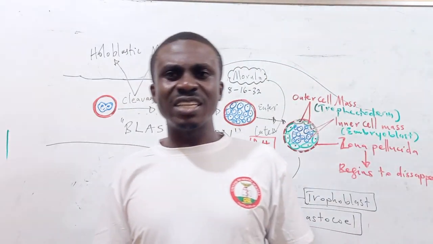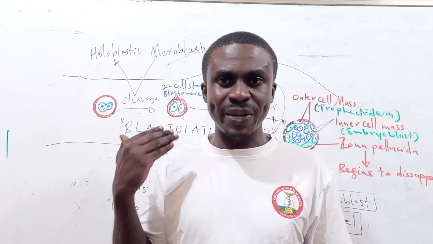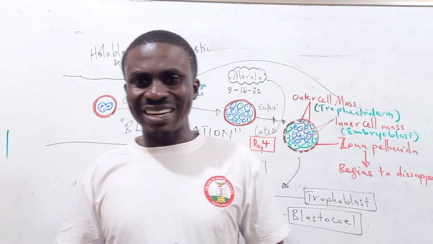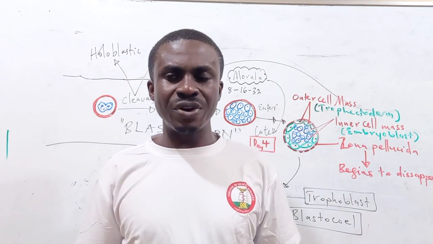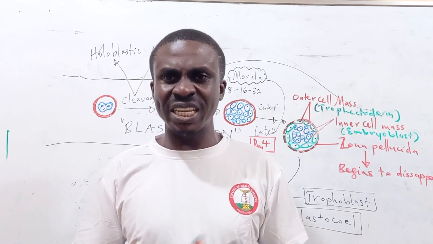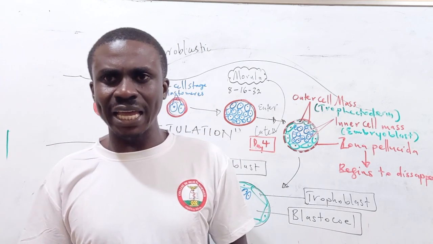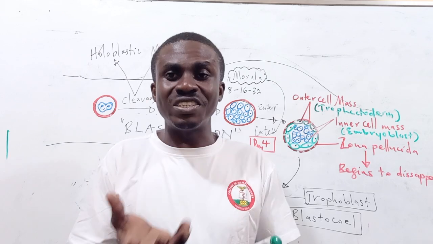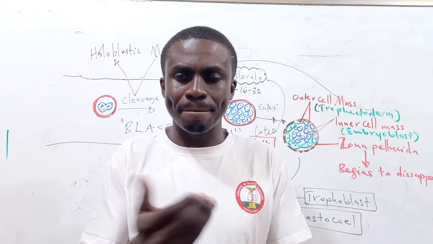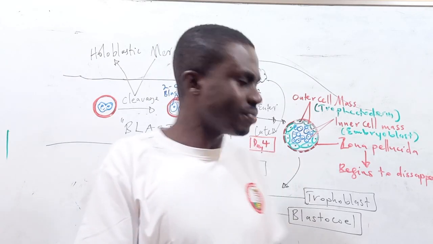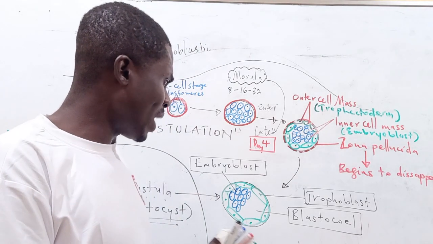That is why there's something we call decidualization. I'll be explaining these things for you. The glands of the uterus will become very tortuous and make some secretions, lipids in there, so that it will be ready to receive the conceptus and nourish it. That is what is going to happen.